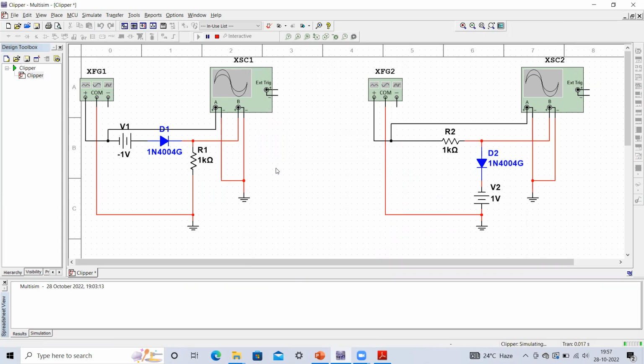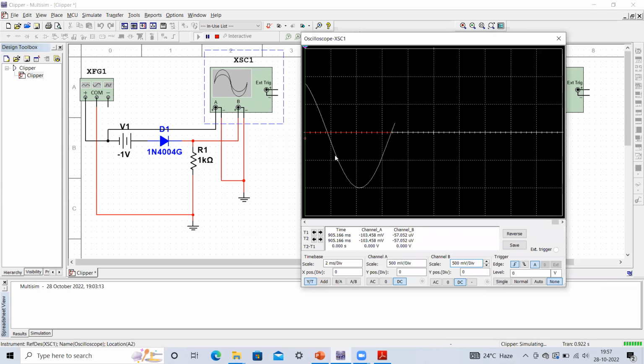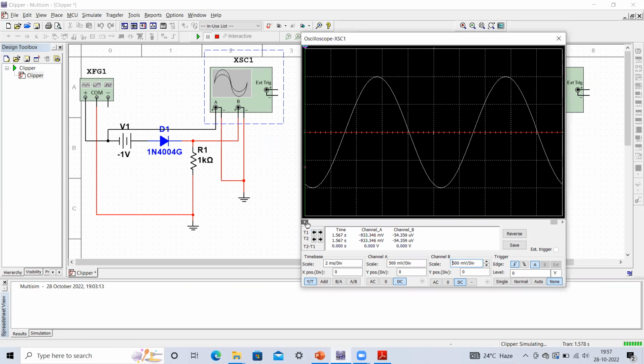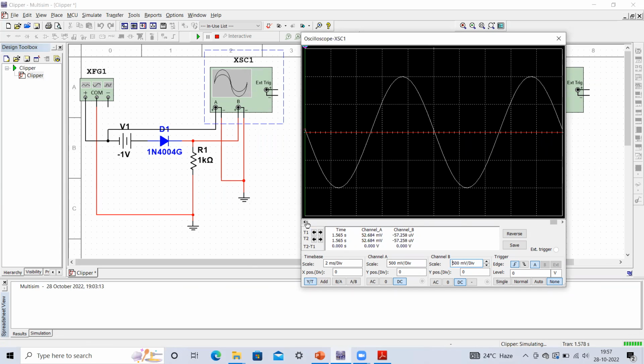Now if you execute this, you will again see the output. Here you can see this voltage has completely gone off and nothing is appearing. It means there is no portion that makes this diode forward biased.